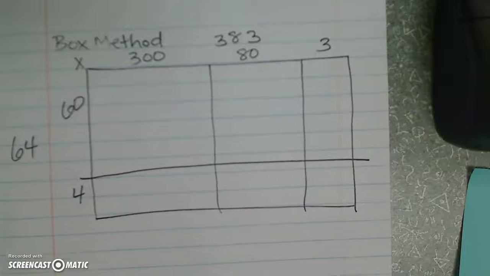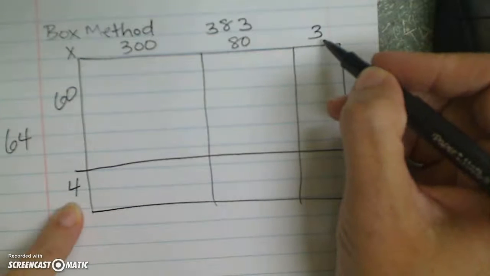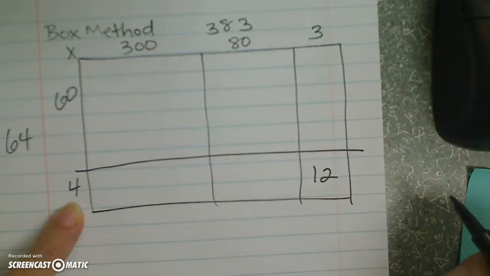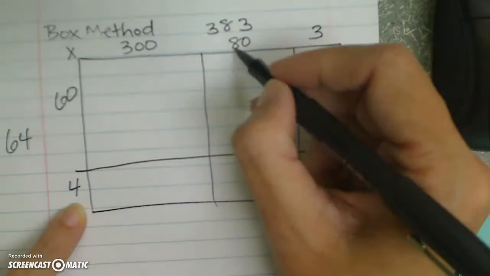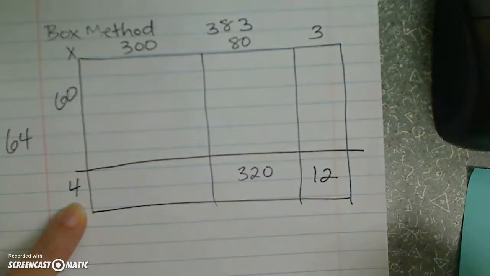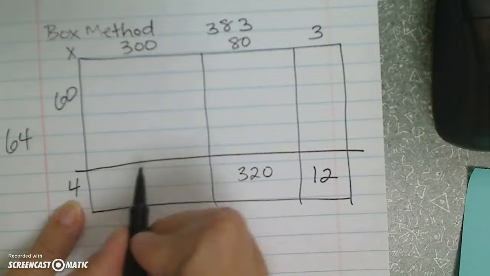Okay, so we're going to start. We'll look at 3 times 4 is 12, so I'm going to put that right here. Okay, 4 times 80, so 4 times 8 is 32, and then we're going to put that 0 at the end because this would be 320. 4 times 300, again 4 times 3 is 12.